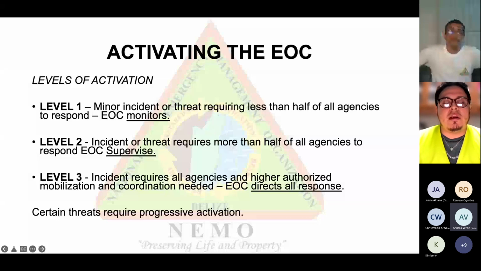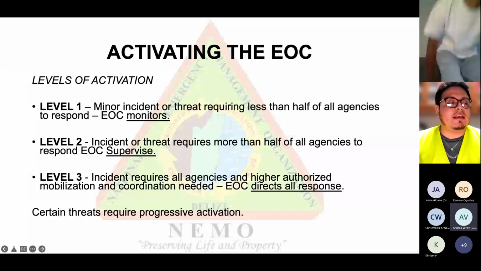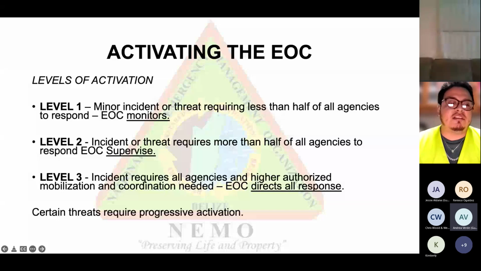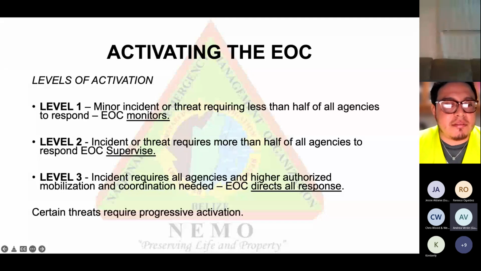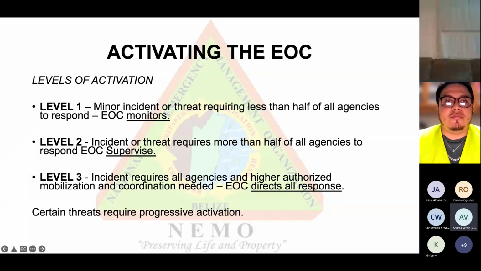Level 2 is where incidents or threats require more than half of our agencies to respond, and this is where the EOC supervises. We had the Eta and Iota situation last year, if everybody can recall. I know that Sarteneja does recall, where a good amount of the populace was affected. This is where some of the 15 operational committees, not all, are activated, because with NEMO we have the before, during, and after committees.